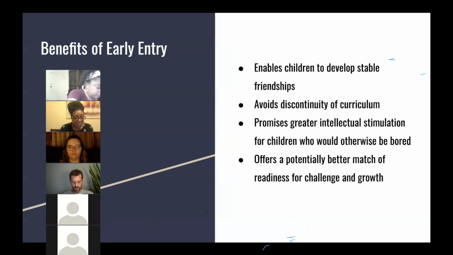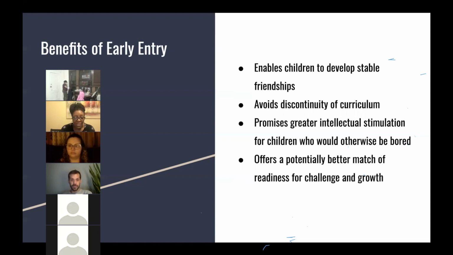So there are some benefits to early entry for sure. If we're thinking about a gifted student who would make this transition at some point in their career anyway, early entrance allows us to position the students to develop stable friendships early on. It also avoids interruption of curriculum because the early entrance sets them up for the rest of their elementary, middle school, and high school career.